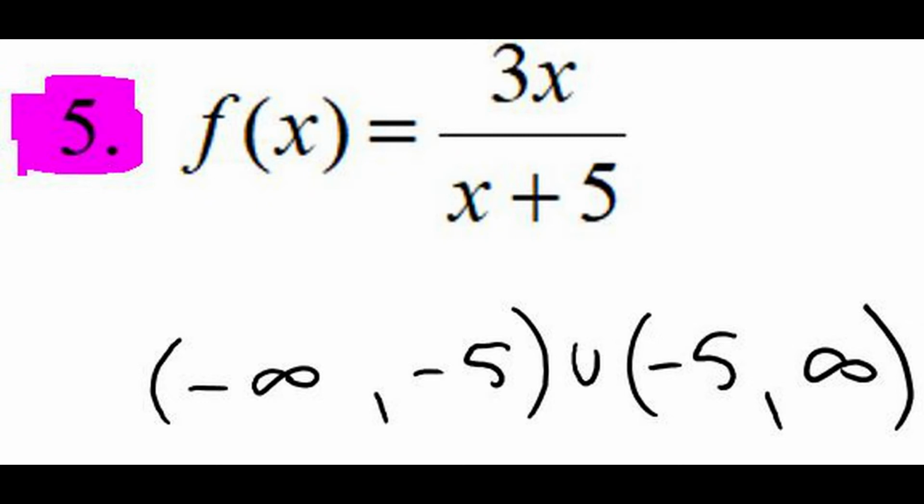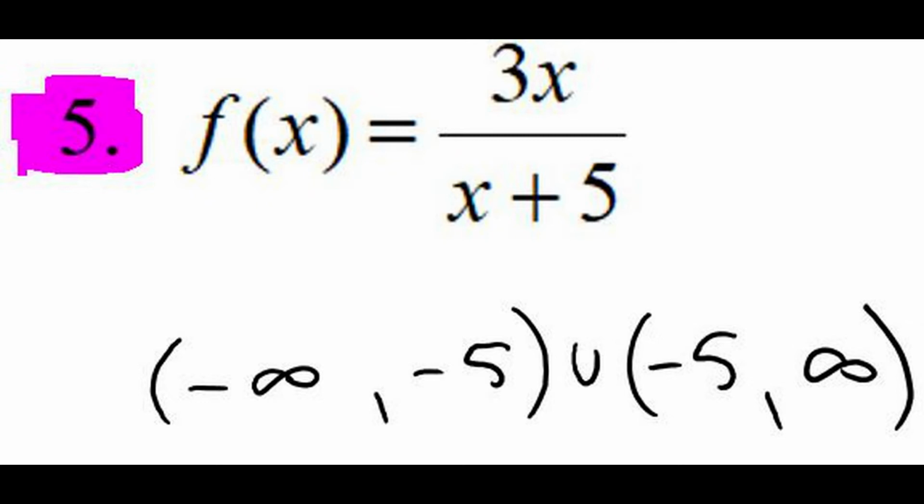The way we write that in set notation is we go from negative infinity, all the negatives work, all the way up to -5. We put a soft bracket on -5 to show that -5 is not included in that set. So everything up to -5 is good, but not -5. Like -5.1 is okay, but -5 exactly is no good.